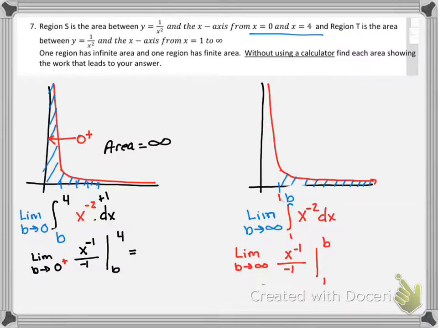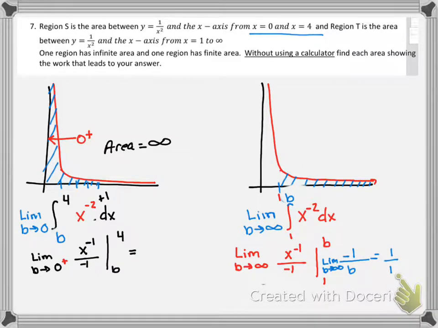Evaluating this integral now, we will have negative 1 over b, and that's where b is going to approach infinity, minus a negative 1 over 1.